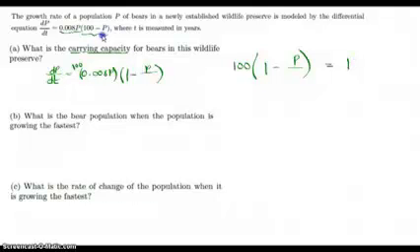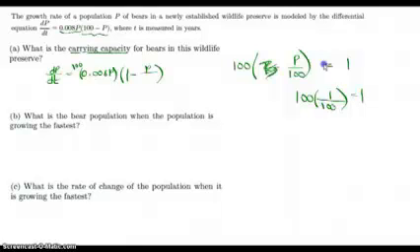Because that's basically what's here, 1 as far as a coefficient to P. So 100 times P over what equals P? 100 times 1 over what equals 1. So that's 100. I'm getting tired, y'all. All right, so there's our carrying capacity.